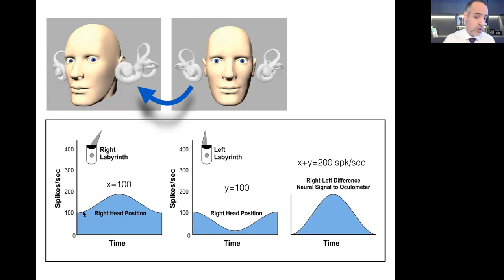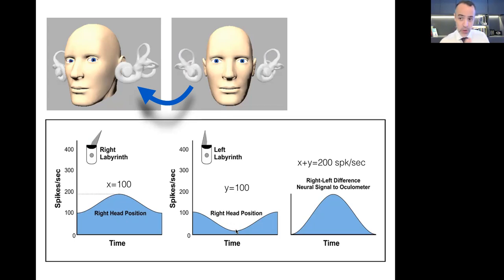When I move my head to the right, let's imagine at a not so fast velocity, the stimulus in the right side increases from 100 spikes per second to 200 spikes per second. So I increase the neuroactivity in the right side. But if I move to the right, I increase the right side, but I decrease the activity in the left side in the same proportion. The activity in the left side was 100 spikes per second, so it decreased to zero.